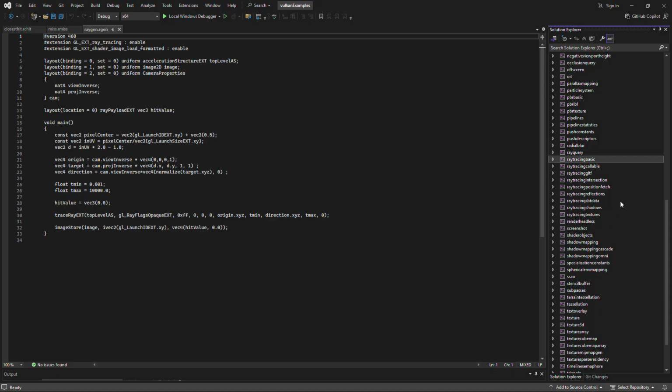So that's that. We could go into the intersection and the shaders. So notice for this application, we have four shaders. We only have the GLSL and the Slang language for this particular shader. So you could either do GLSL or you could do Slang.